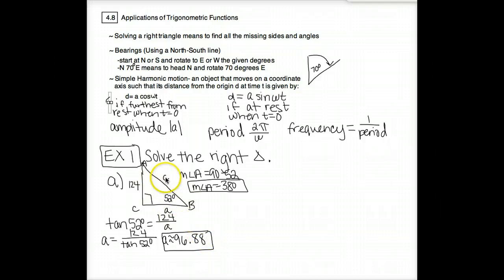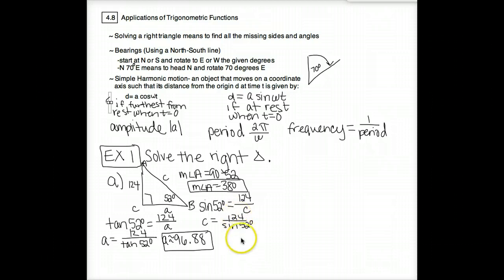Now we just need side C. So in relationship to the 52-degree angle, C is the hypotenuse. The 124 is the opposite. So that means I'm going to use the sine of 52 degrees equals 124 opposite over hypotenuse. So C is going to be 124 divided by the sine of 52 degrees.